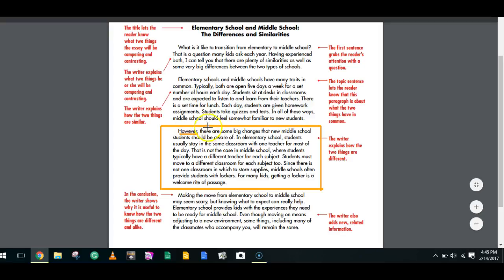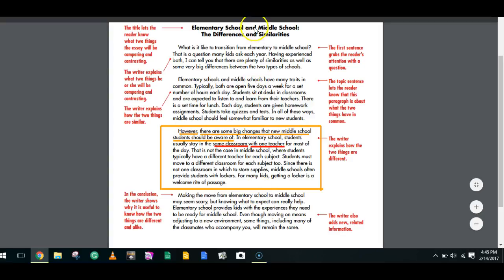And so as I go and I read further, it says there are some big changes that new middle school students should be aware of. So what are some of those changes? According to the author, in elementary, you stay in the same classroom, with the same teacher, with one teacher for most of the day.